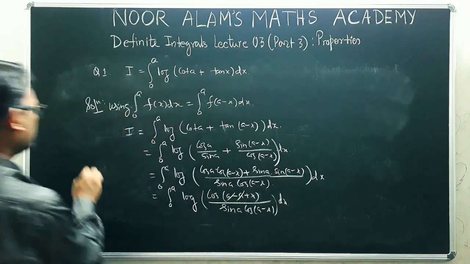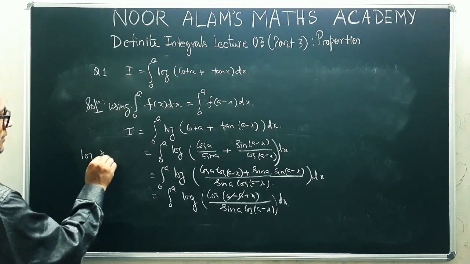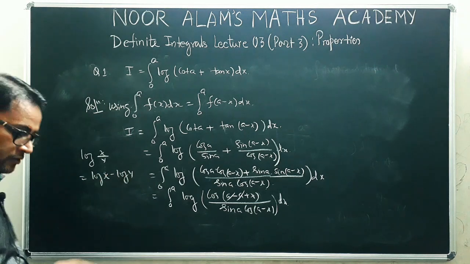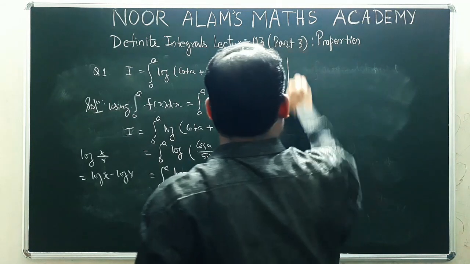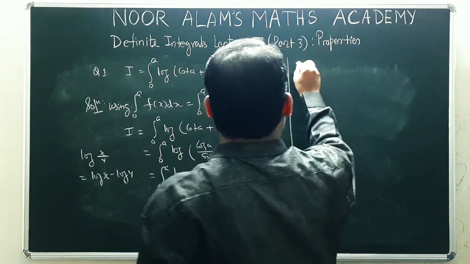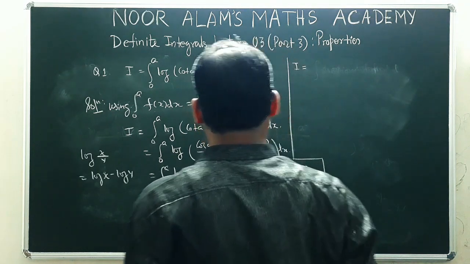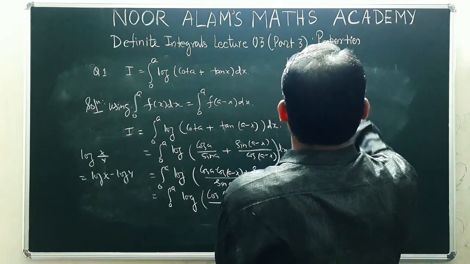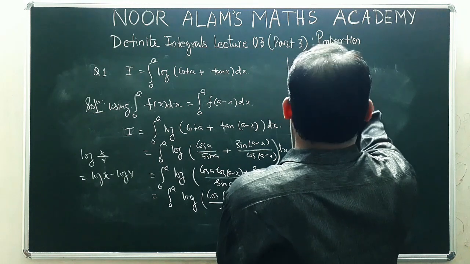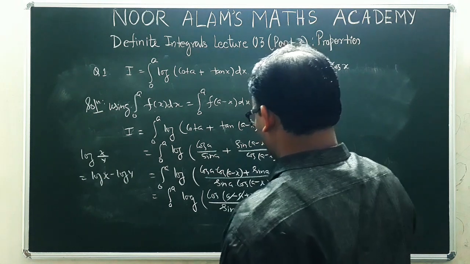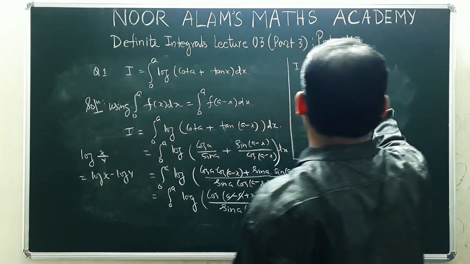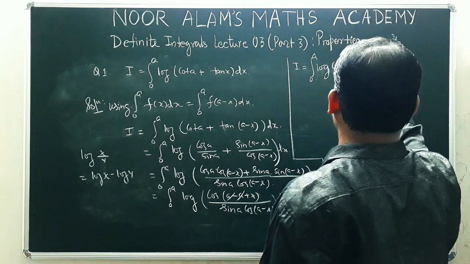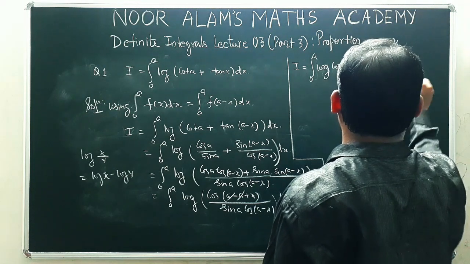Now one property we are going to use here is log of x by y, which can be written as log of x minus log of y. So now we use this property. I can be written as the integral from 0 to a of log of cos x, then this is in the denominator, so minus log of sin a, then minus log of cos(a minus x) dx.